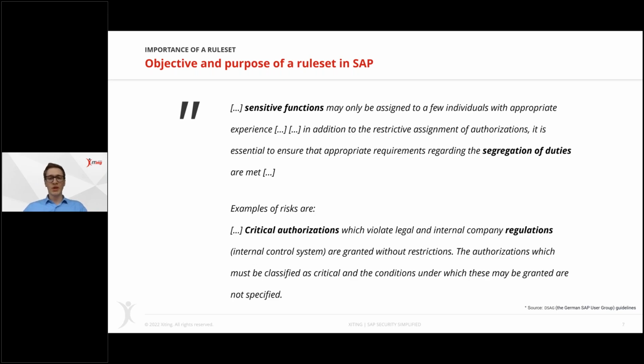So the rule set always needs to be aligned to the internal control system, because otherwise we are talking about a different set of risks, and in the end the control objectives of the internal control system are not met. So then it's not worth it to invest the time.